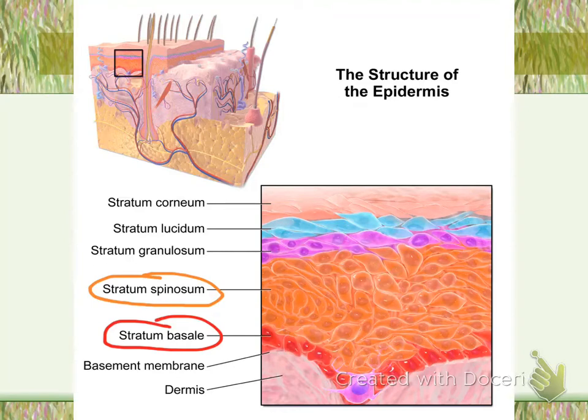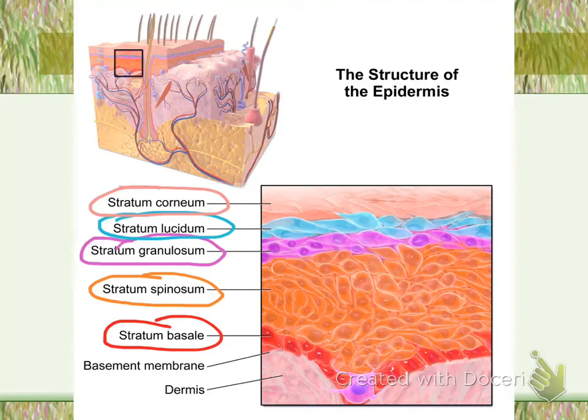And we come to the layer in pink, which is the stratum granulosum. The next is the more translucent layer, which is the stratum lucidum in blue. And lastly, the most superficial layer in a peach color is stratum corneum.